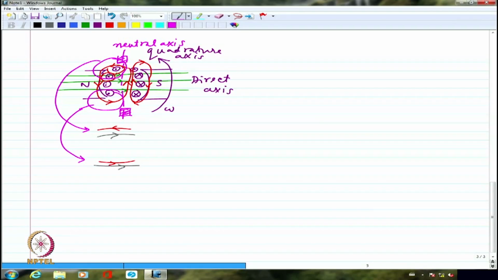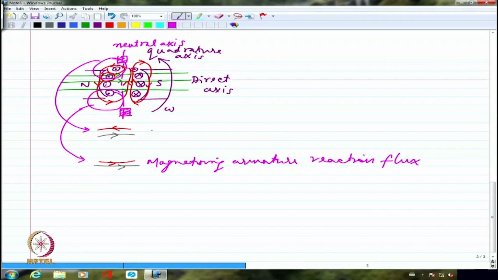At some point, the main field flux adds up to the armature flux. So I would call this magnetizing armature reaction flux, where they are aiding each other. I would call this demagnetizing armature reaction flux.